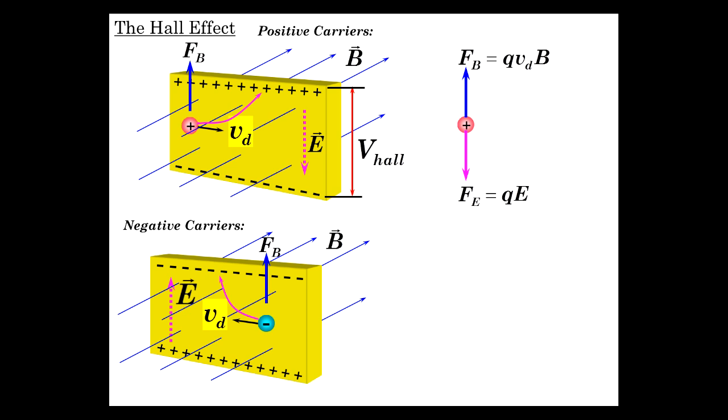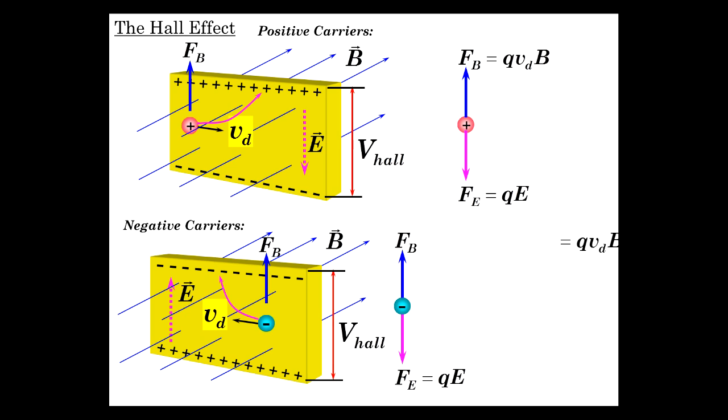So reverse that basic order. The electric field is directed like this, and once again we get a Hall voltage across here. The negative charge, the electric field, causes a force downward, QE force, and a QvB force upward, just like before.